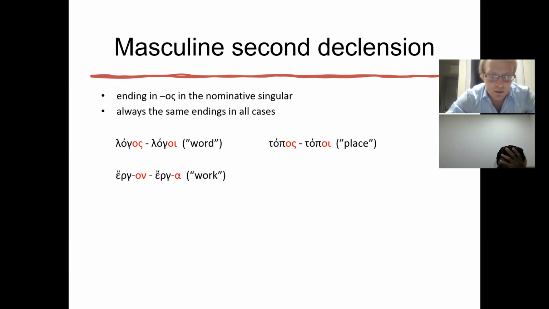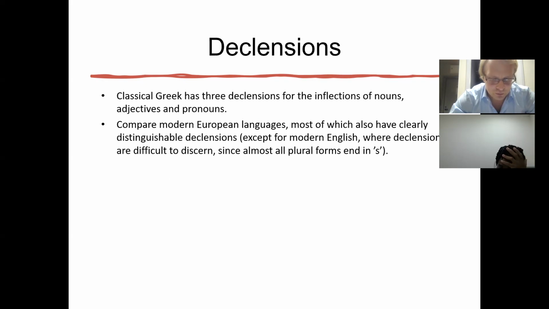So, let's begin with the second declension nouns. These you find on pages 43 to 45 in the Cambridge Grammar of Classical Greek, which we use on this course. In Classical Greek, there are 3 declensions, which show, on the one hand, nouns, but also how adjectives and pronouns are inflected.